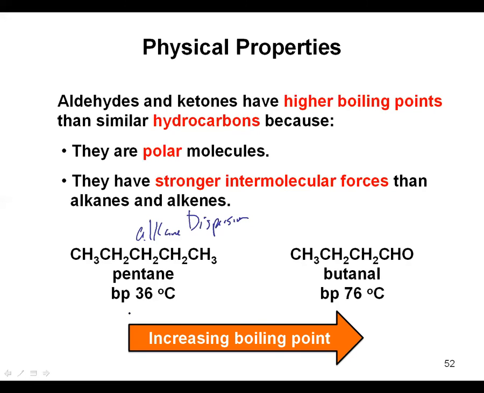This is our aldehyde group, which, although it cannot hydrogen bond itself, does have a polar group here. So it can do a little dipole-dipole sort of interaction. So it does have typically a higher boiling point than what we see in a similar size alkane.